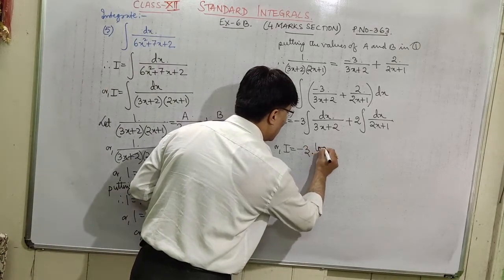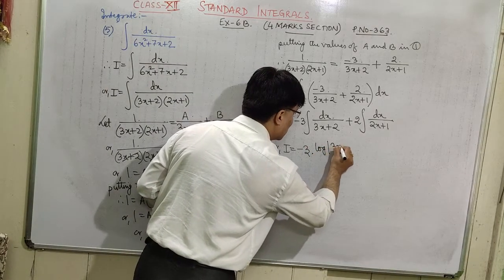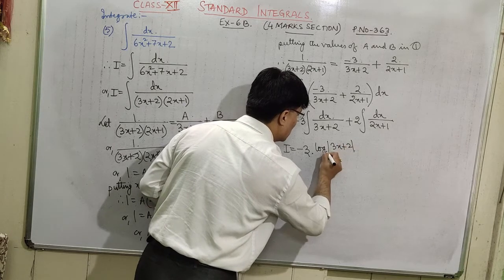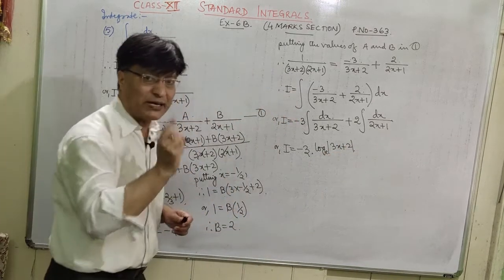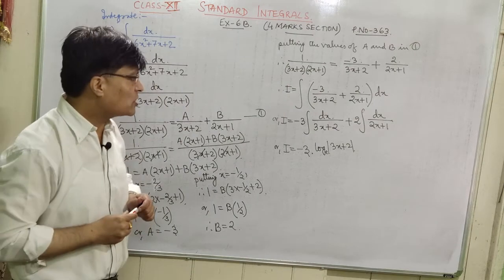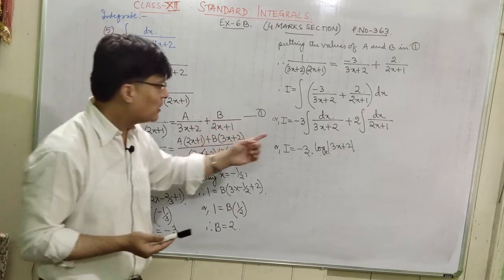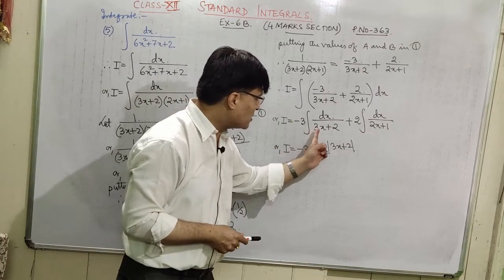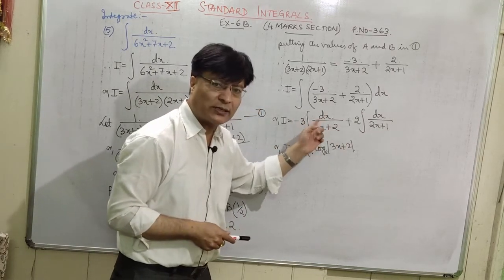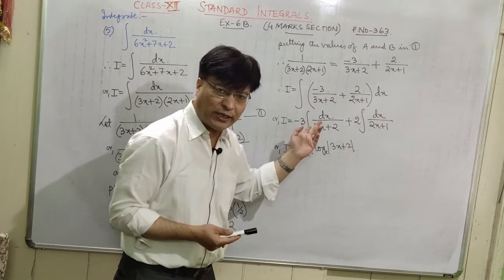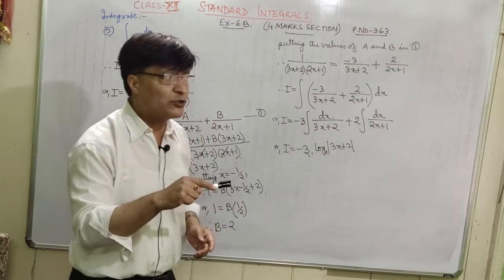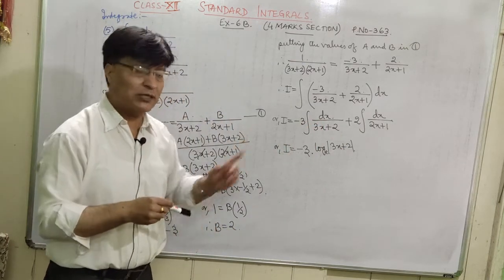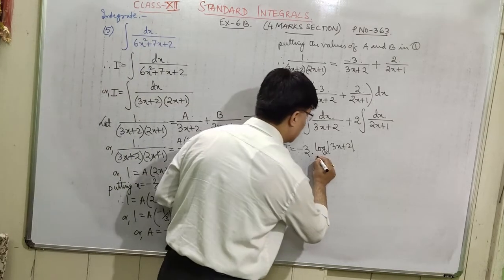So it will be log within mod 3x plus 2, mod sign closed, the base is e. But which function was taken as x to integrate it? 3x plus 2. Again you have to differentiate it. So what is the differentiation of 3x plus 2 with respect to x? It is 3 into 1 plus 0, that is 3. So in case of differentiation you have to multiply by 3, but this is the case of integration, so you have to divide it by what?